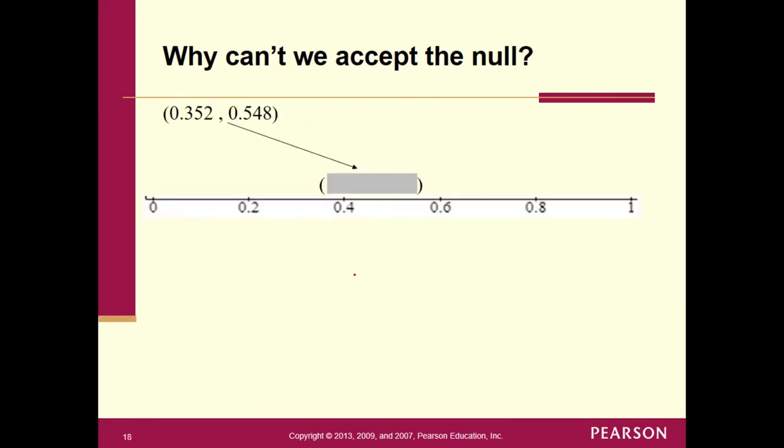Graphically, these are the possibilities for P. It could be anywhere from 0 to 1. We're saying that the population proportion P is located somewhere between 0.352 and 0.548, somewhere in this gray area here, in that box.